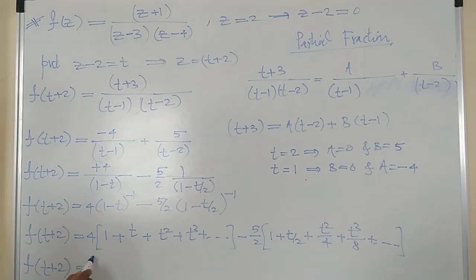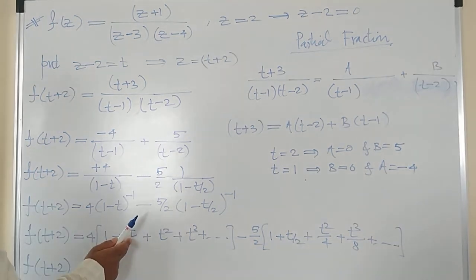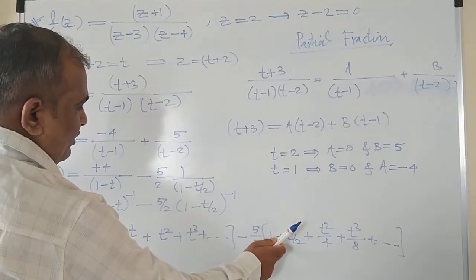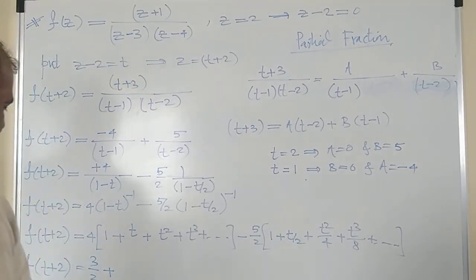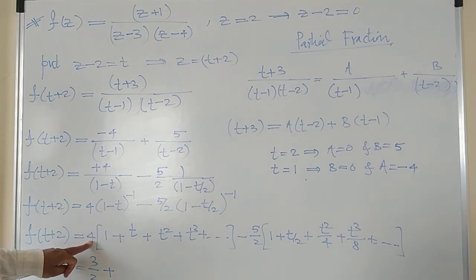So the first term is 3 by 2 plus, now this is 4t, and this is minus 5t by 4, right? So 4t will be equals to 8t by 2, so 8t by 2 minus 5t by 2. That means 3t by 2, isn't it?